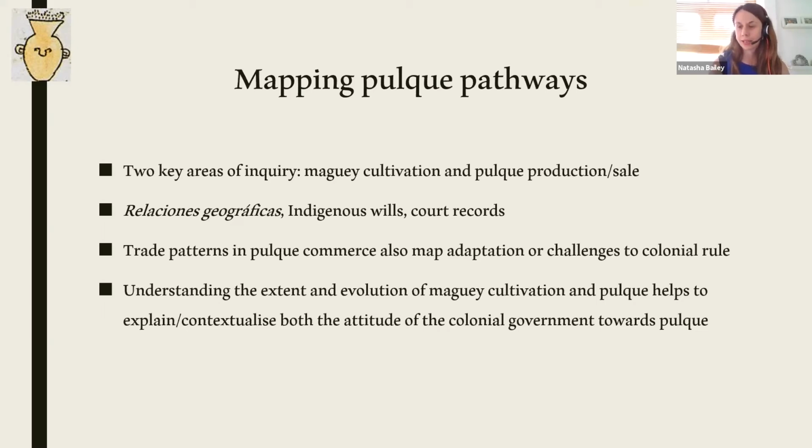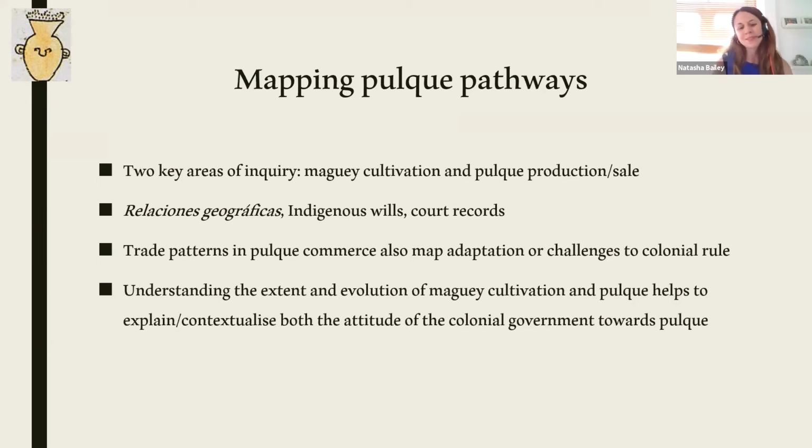And when I say challenge, I mean that it forces certain accommodations on the part of the colonial administration which would not otherwise have been made. It's not a direct challenge to the legitimacy of Spanish rule.